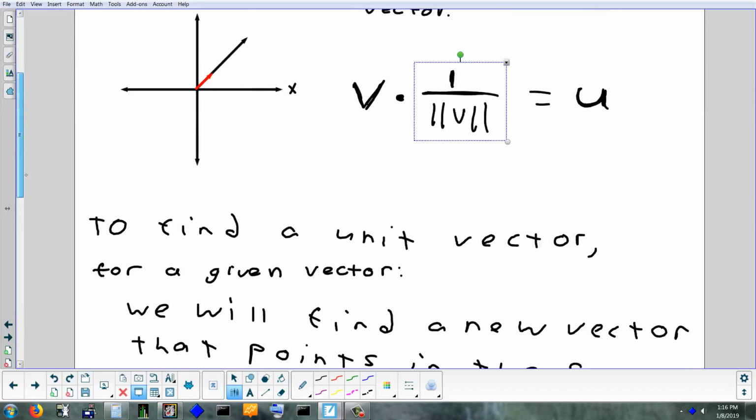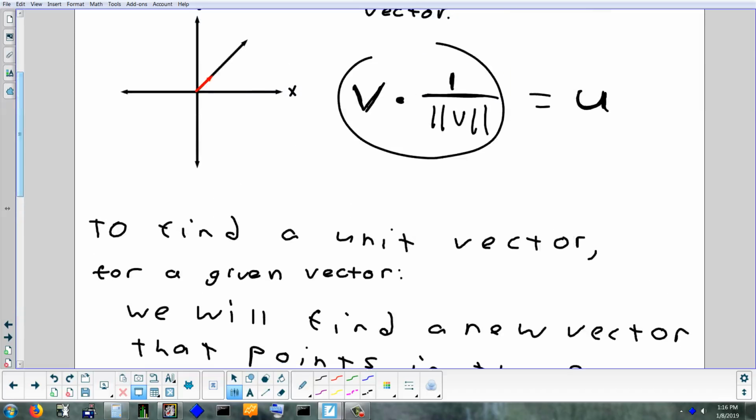So now Shelby said, could you use division? Yeah, if you do this out, it really is just division. Think of it as a fraction. V times 1 in the top, 1 times magnitude in the bottom.